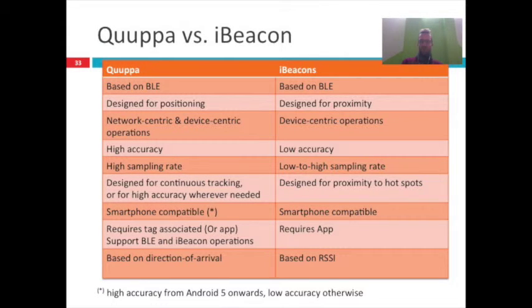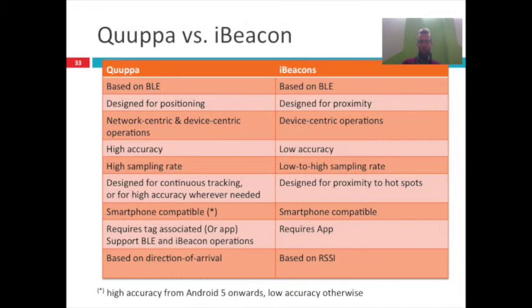Now, in this slide, you see a table that summarizes the different features of Kupa versus iBeacon technologies. Let me go quickly through them. Both are based on Bluetooth Low Energy as underpinning technology. Kupa is based for positioning, whereas iBeacons have been designed for proximity.